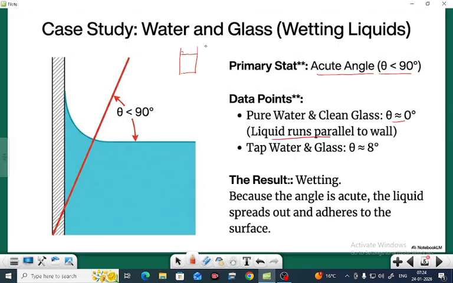Theta is equal to 0 degrees, that is, it is parallel to the surface. For tap water and glass, theta is nearly 8 degrees and it will be concave. Theta is less than 90. For pure water, theta equals 0, that is, the liquid runs parallel to the wall.